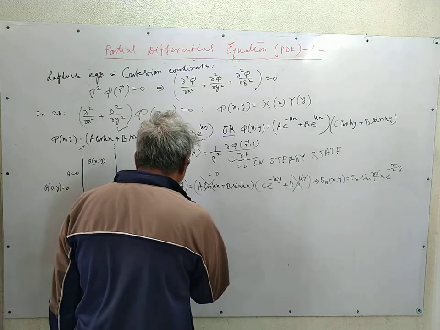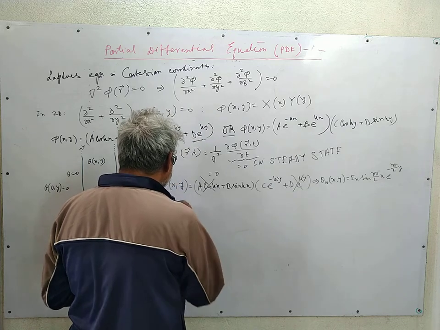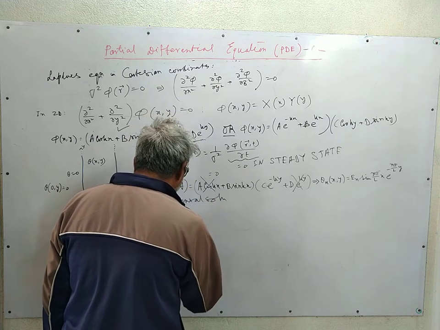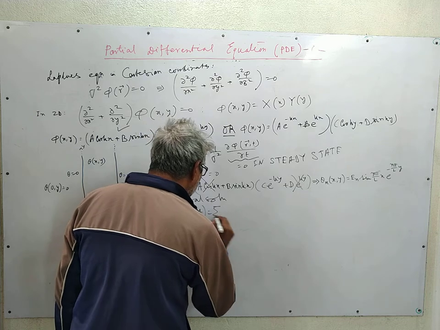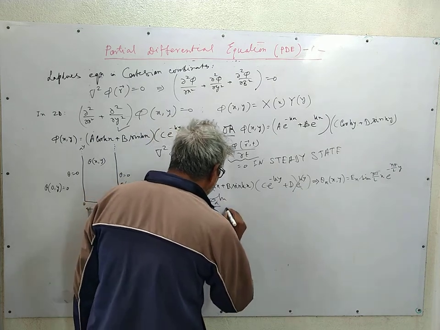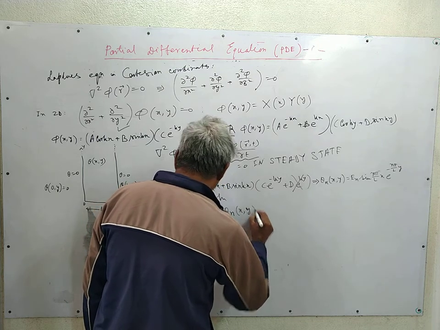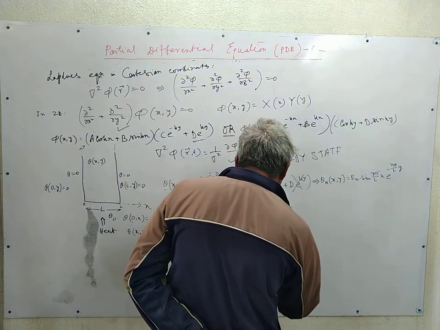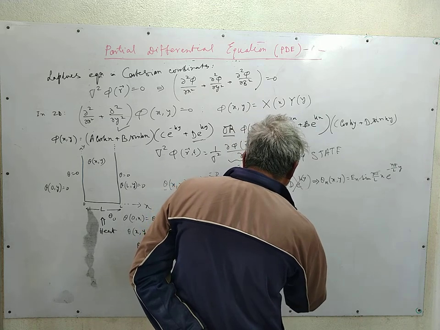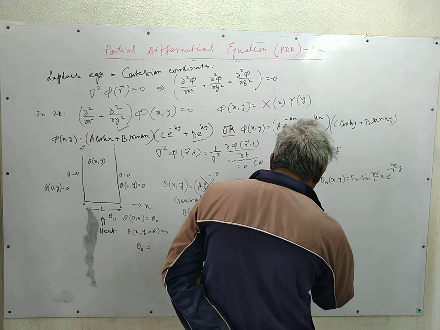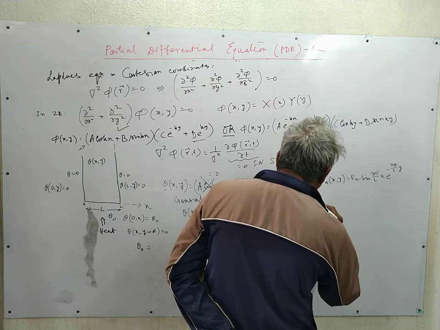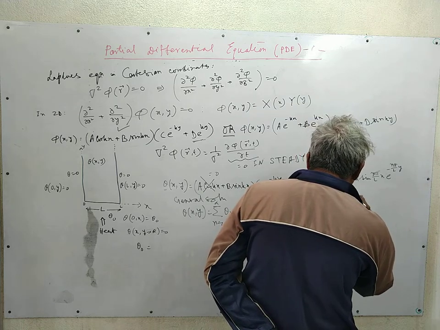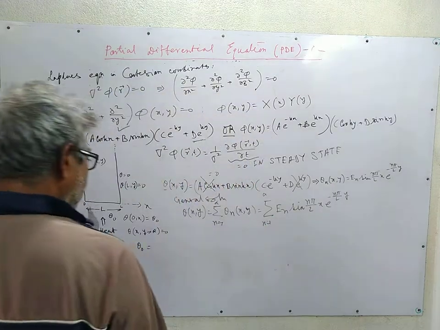So the general solution of theta of x, y is the sum over n equal to 1 to infinity of theta_n of x, y, where theta_n is given by this result: summation over n equal to 1 to infinity of E_n sine of n pi x by L e to the power minus n pi y by L. Now we apply this to the general solution.